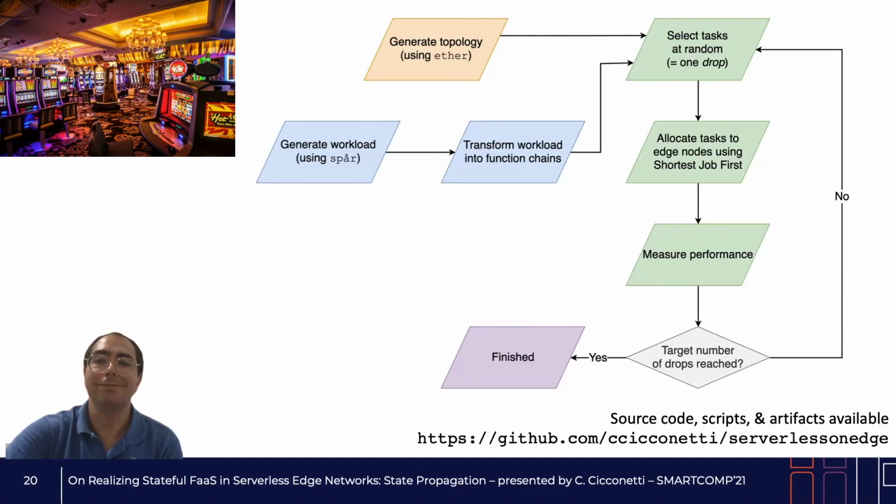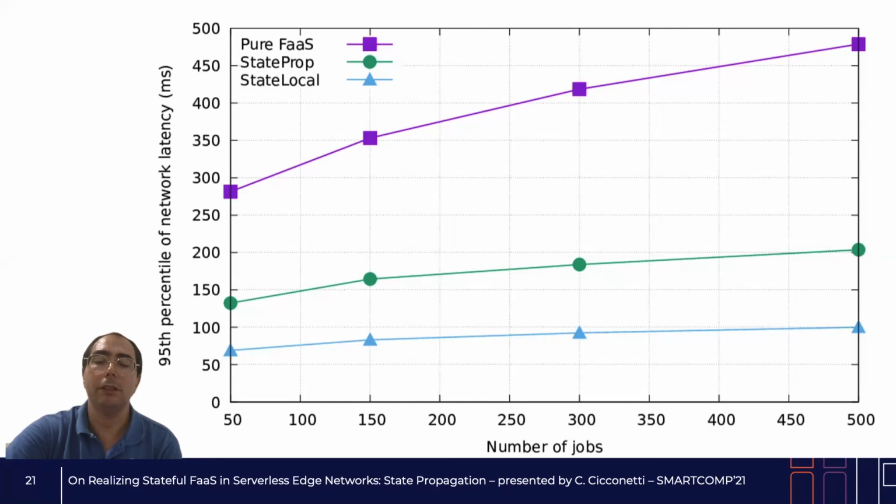In this graph, we plot a high percentile of the network latency for the 3 approaches proposed as the load increases. So we can see that the latency due to network transmission is highest with the pure FaaS approach.